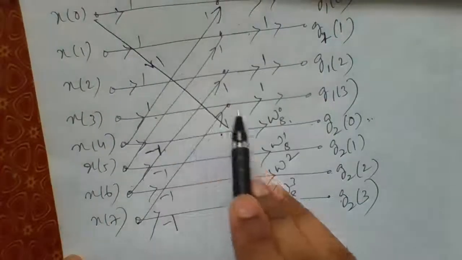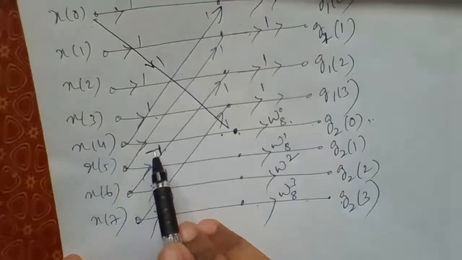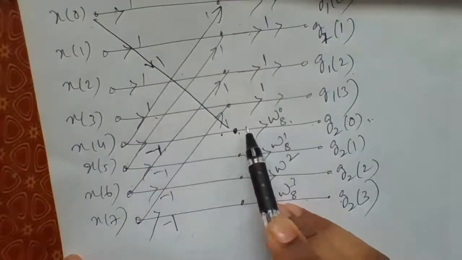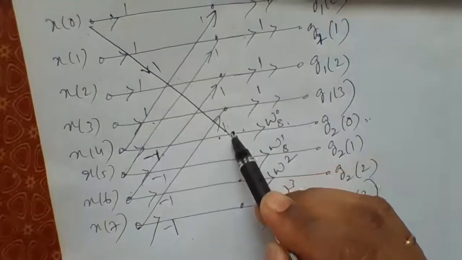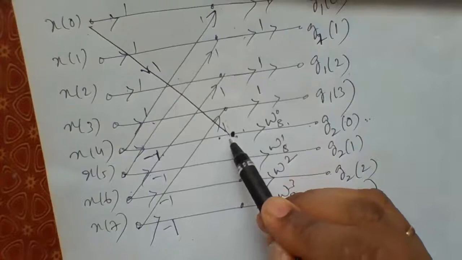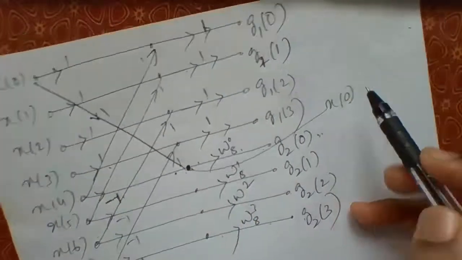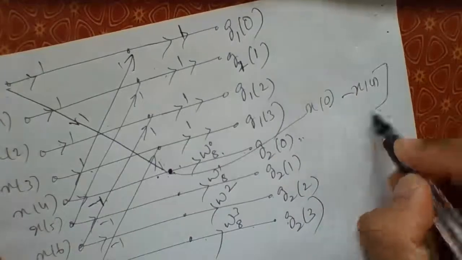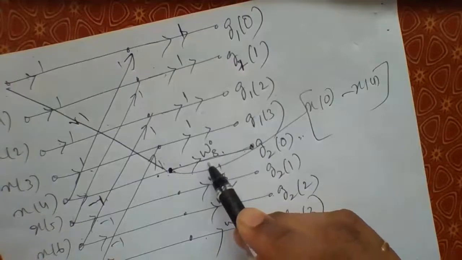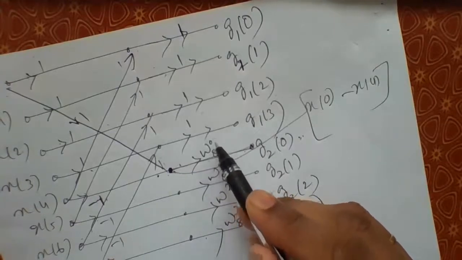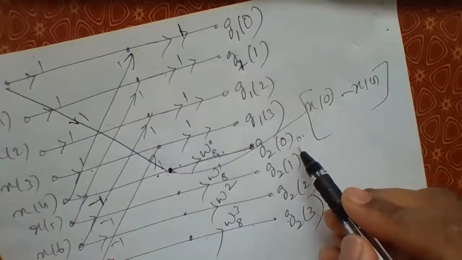This shows x of 0 and x of 4 into minus 1, minus x of 4, and that is further multiplied by, see, now at this node the difference signal is obtained, x of 0 minus x of 4. That will pass through this branch, and this branch carries w raised to 0, 8. So finally g2 of 0 is as per our equation.